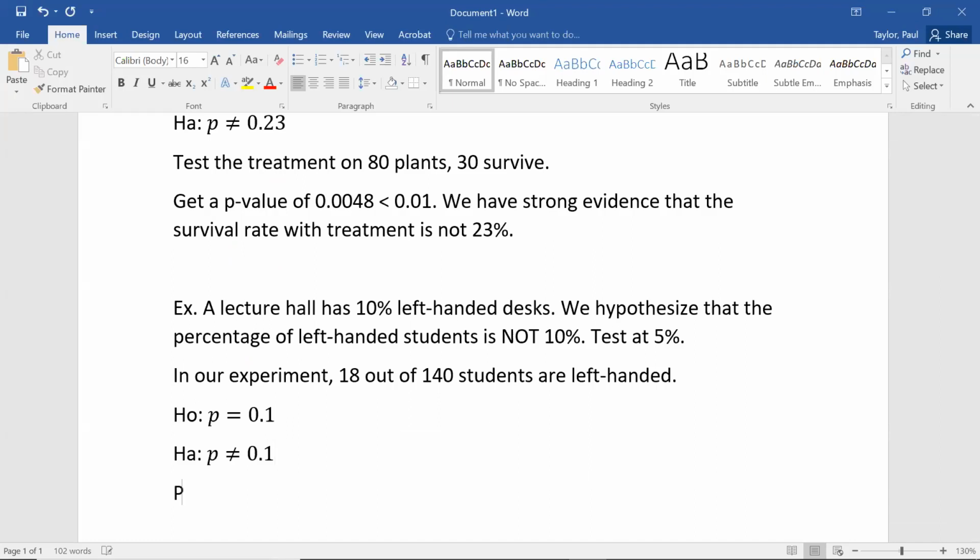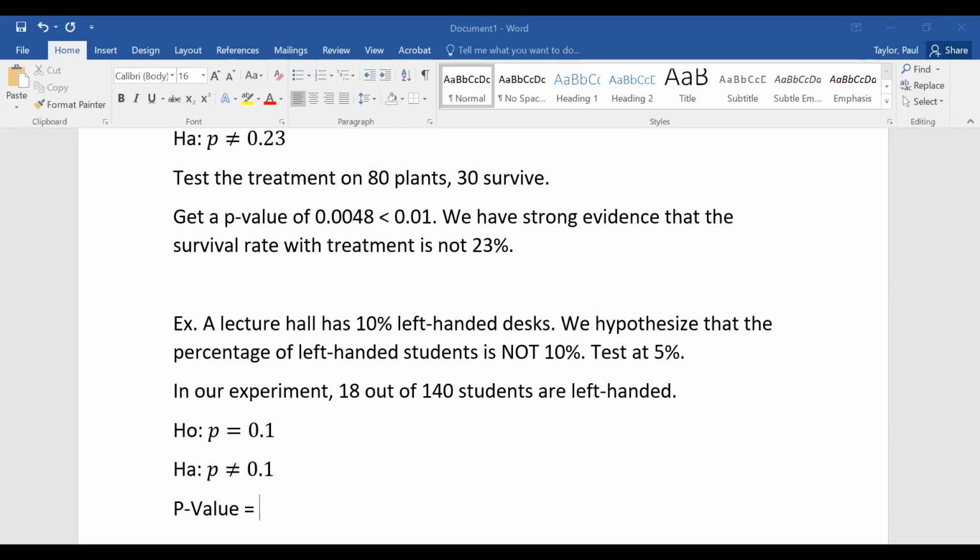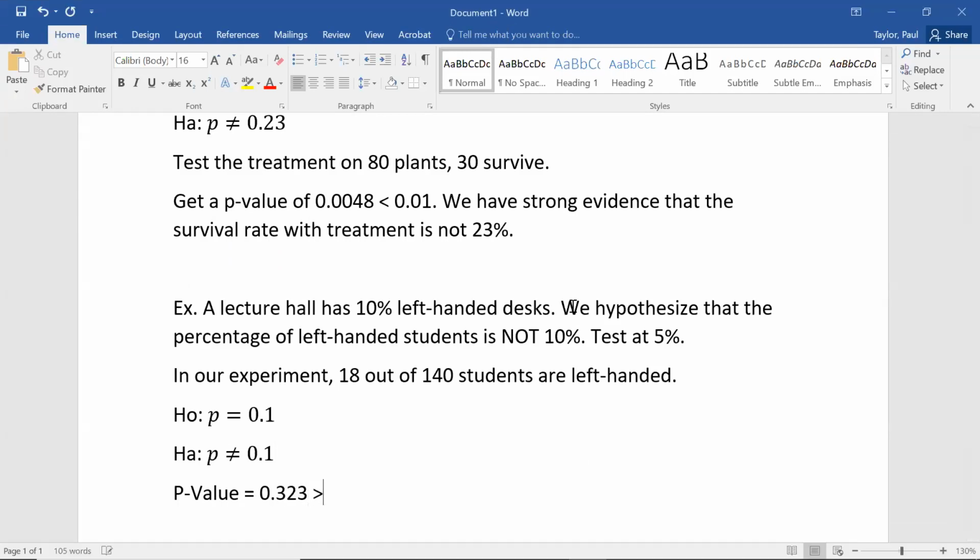So our p-value came out to 0.323. That is bigger than 5%. It's not small enough for us to say that it is too unusual. It's not a particularly small percentage. 0.323 is something that's going to come up all the time. Okay, so this is not a small p-value.